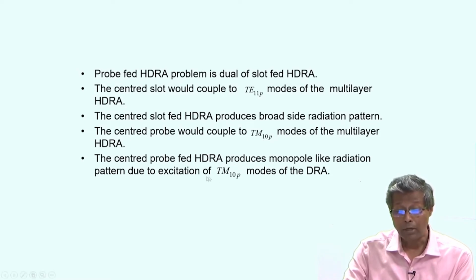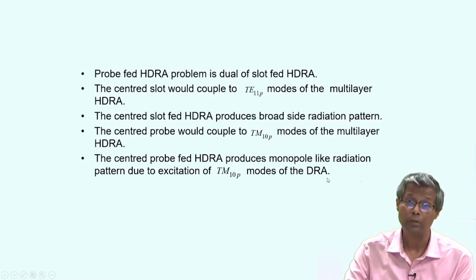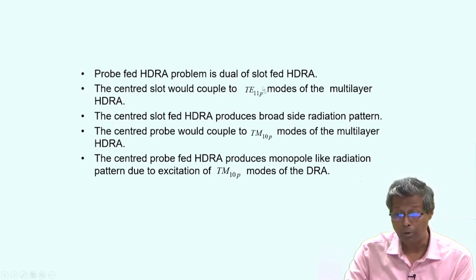And the monopole like pattern is due to the excitation of TM10P modes of the HDRA with the coaxial probe. So, the slot essentially couples to TE11P generating broadside pattern, the probe couples essentially to TM10P modes generating end fire pattern or monopole like pattern.